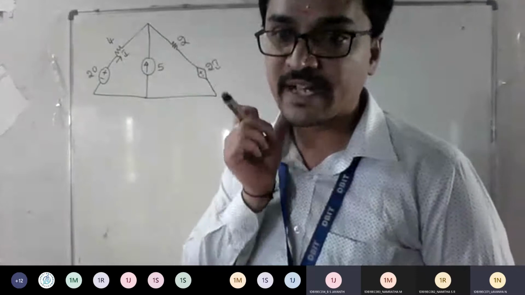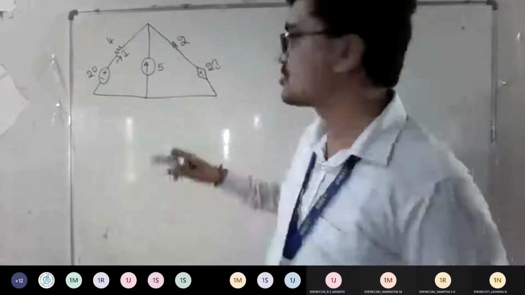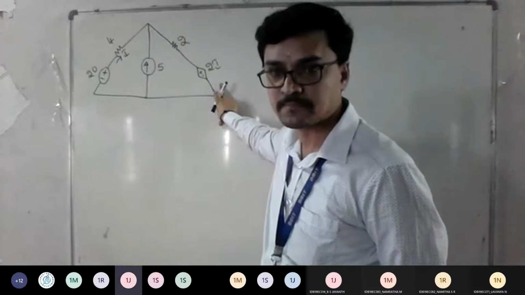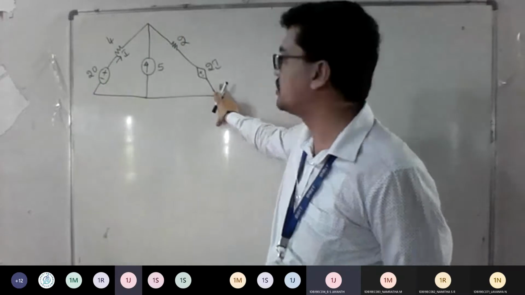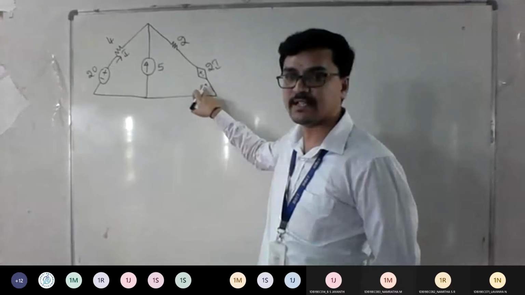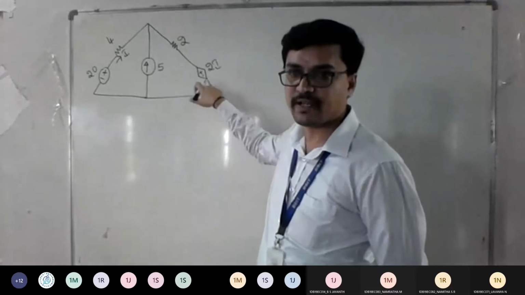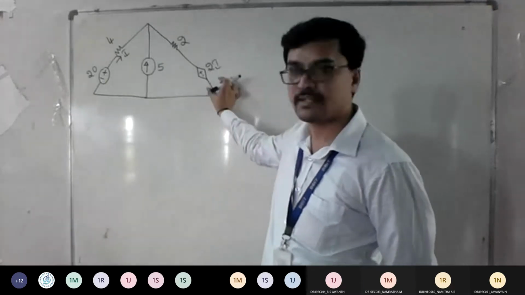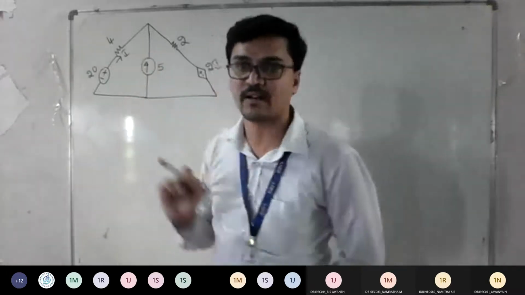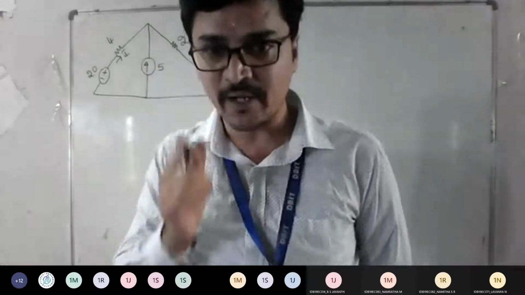See, I'm talking about the 4 different types of dependent source. Here there is a dependent source. What type is it? Current dependent voltage source, sir. You can see here current is there, voltage is there, so we can call it a current dependent voltage source. It means this voltage source depends upon the current across this 4 ohm resistor. That is the meaning of dependent.